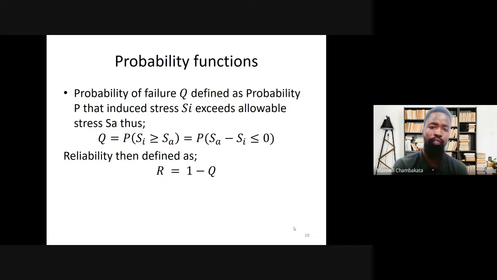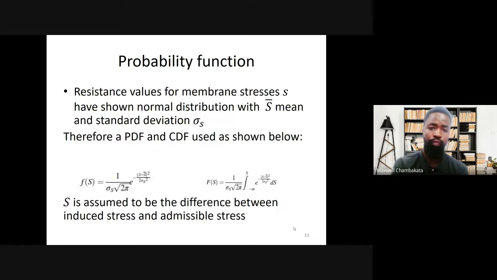So continuing defining failure, we are saying the probability of failure Q is defined as the probability P that induced stress exceeds the allowable stress, illustrated mathematically as shown. Consequently, we can define the reliability as 1 minus Q, where Q is the probability of failure. Probability function: resistance varies from membrane stresses and has a normal distribution, with S bar meaning standard deviation.